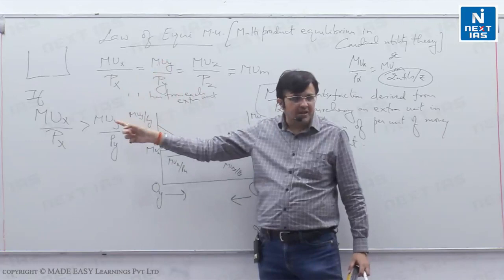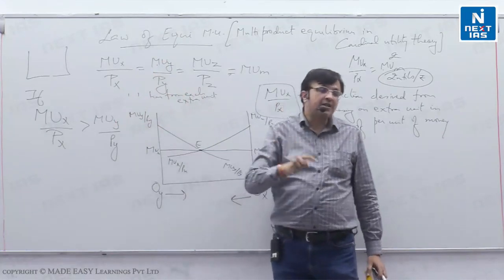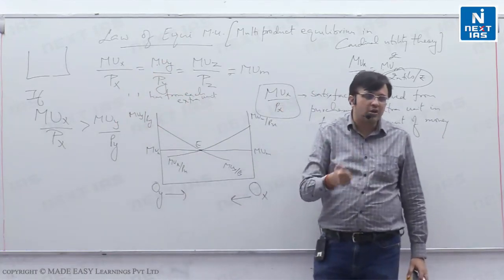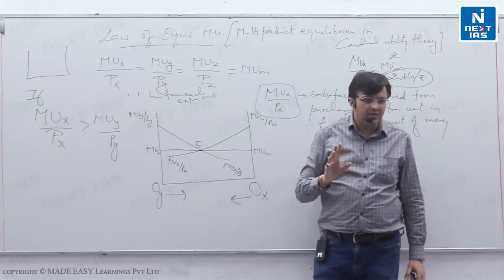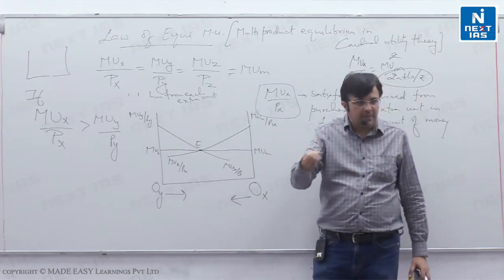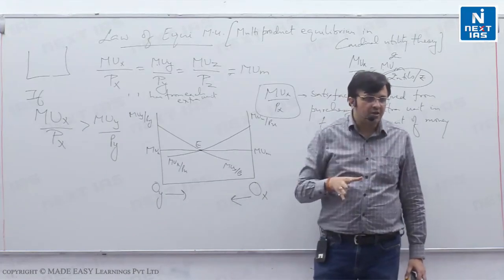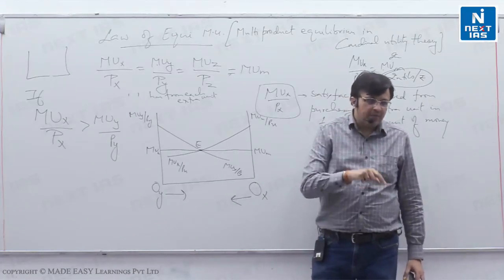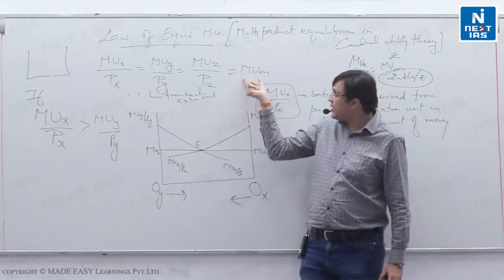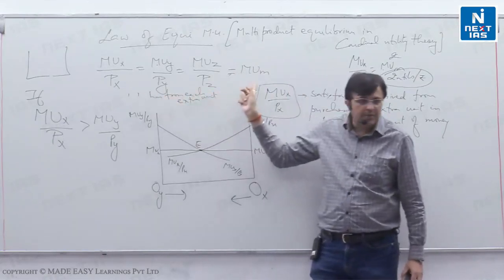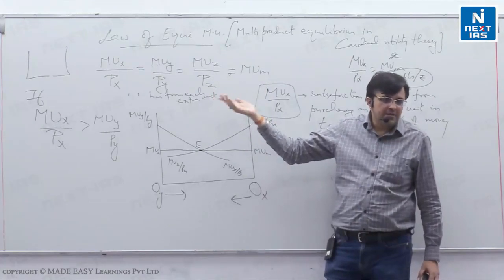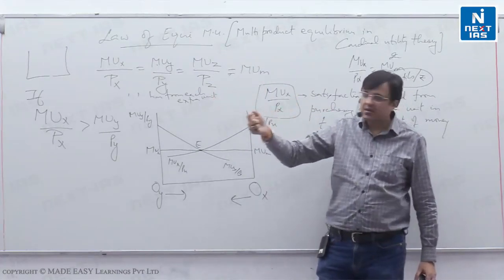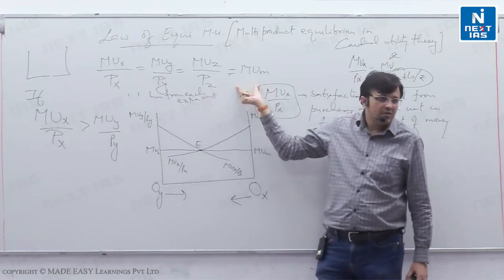That becomes the necessary condition. But the sufficient condition is that without which you cannot complete the discussion. Like say A implies B, B becomes the sufficient condition of that. If these are not equal to MUM, then there is no equilibrium, which means equilibrium implies that these should be equal to MUM.